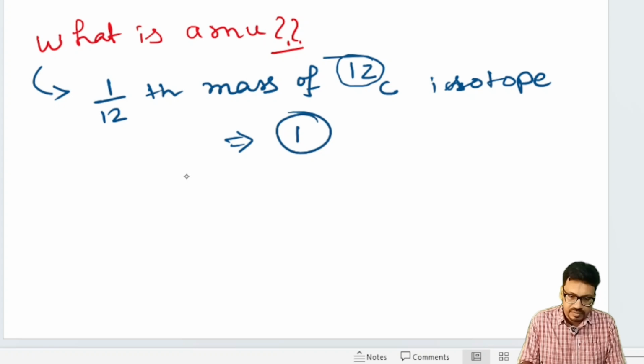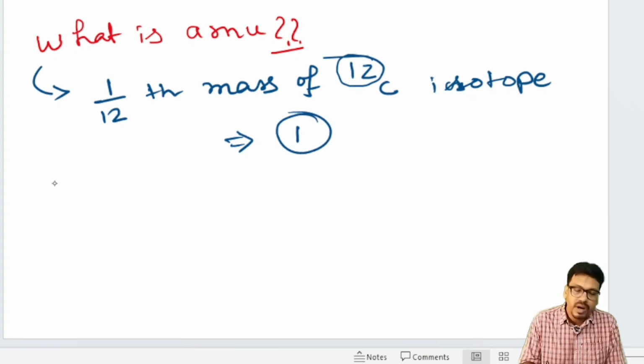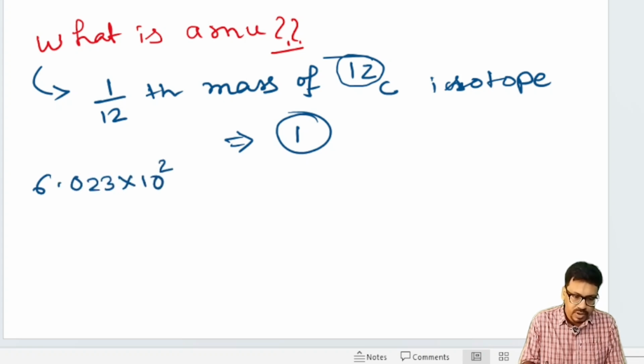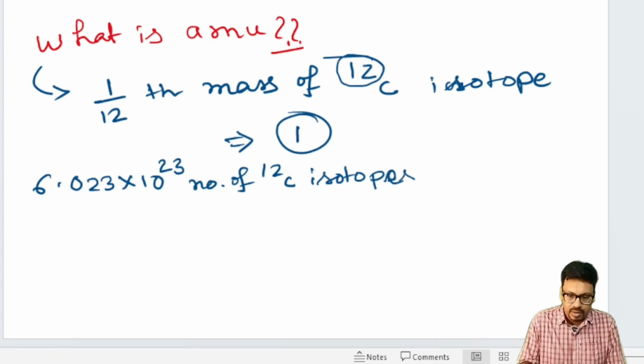If there is an Avogadro number of C12 isotopes, 6.023 into 10 to the power 23 C12 atoms, having mass is 12 gram.